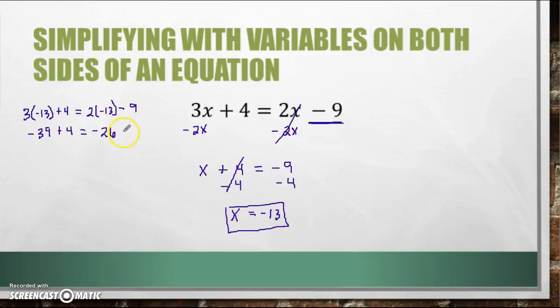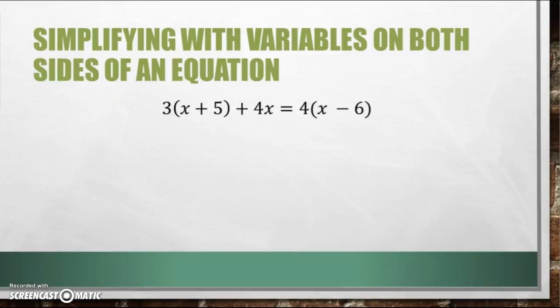And then I still have minus 9. And last step, if I combine like terms, so a negative 39 plus 4 is a negative 35. And if I have negative 26 minus 9, think of it as adding the opposite. So a negative 26 plus a negative 9 is a negative 35, and it checked out. So our correct answer is x equals a negative 13.